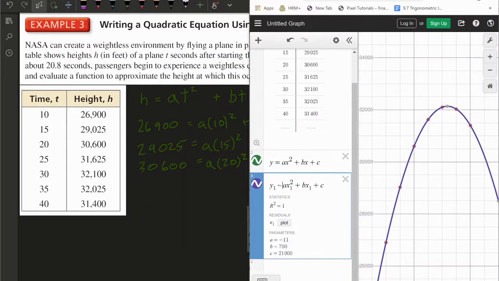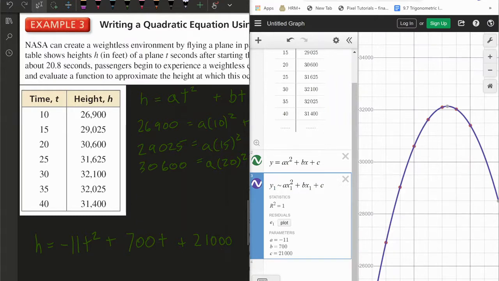So we can say that the formula is h is equal to negative 11 t squared plus 700 t plus 21,000. So that is the formula for height.